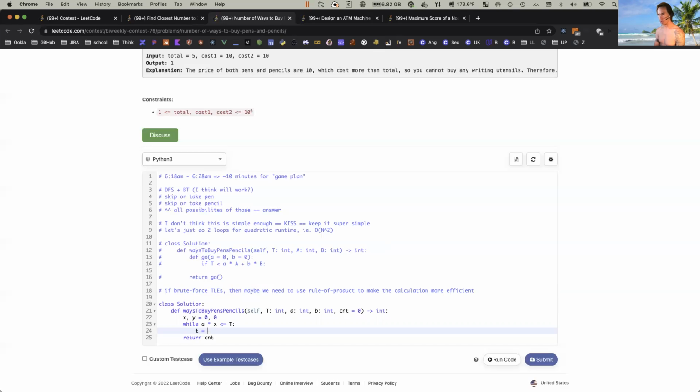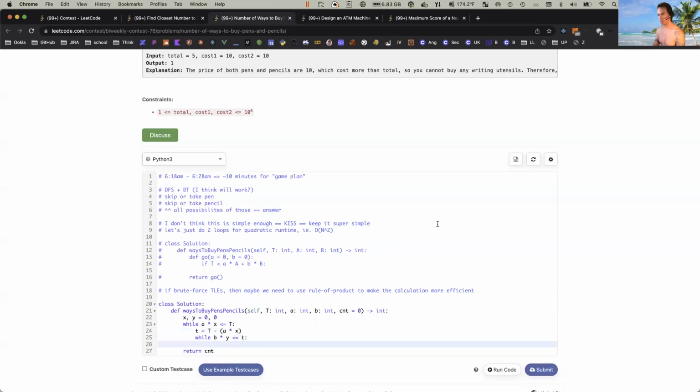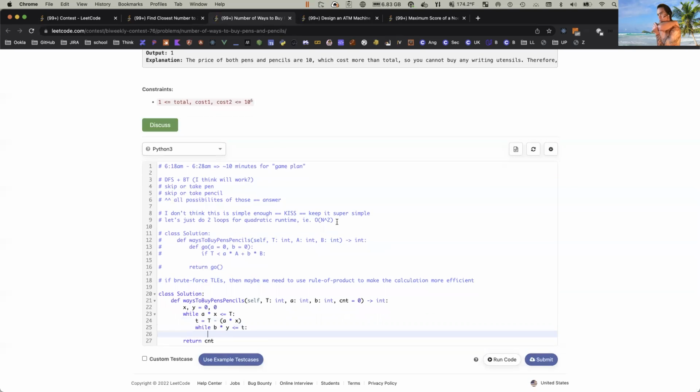Total for this iteration equals T minus A times X. While B times Y is less than or equal to T, total with that amount of XAs taken, how many BYs can we take?